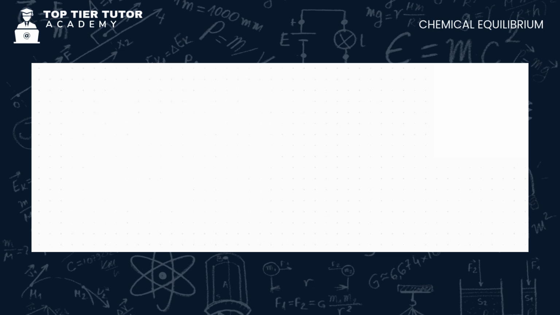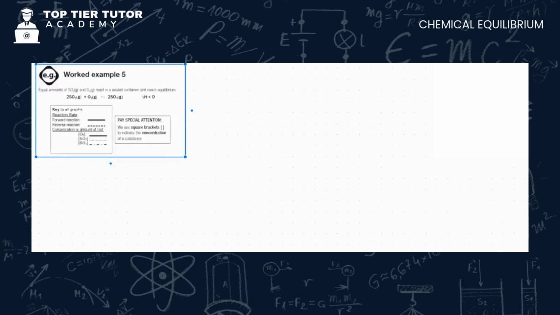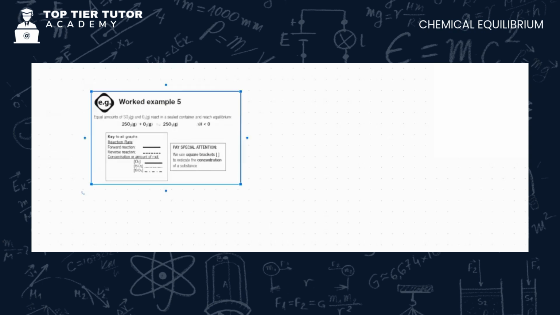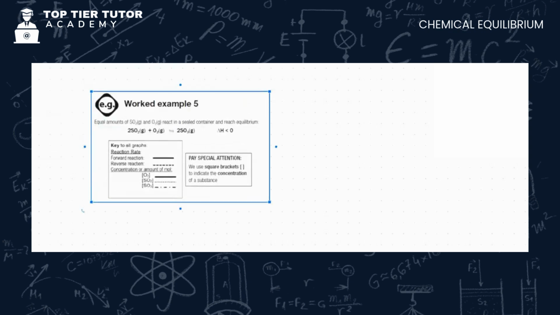Okay, so we want to make an analysis of our equation over here. So let's start with comparing the number of moles on the left-hand side and the number of moles on the right-hand side. The number of moles on the left-hand side is going to be the 2 moles from the sulfur dioxide and the 1 mole from oxygen, giving us 3 moles on the left-hand side.